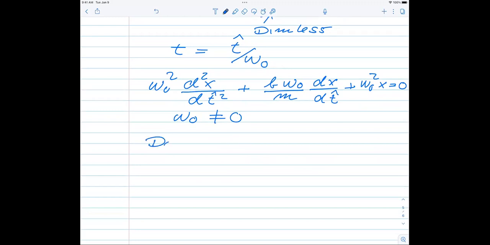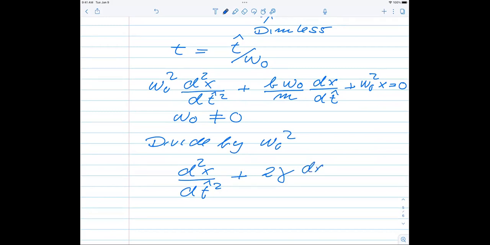So we divide by omega 0. And then we have d²x over d t hat², plus, and I'm going to plug in a new constant, which I will define in just a few moments, but I'm going to call it gamma, times dx over dt hat, plus x equal to 0.